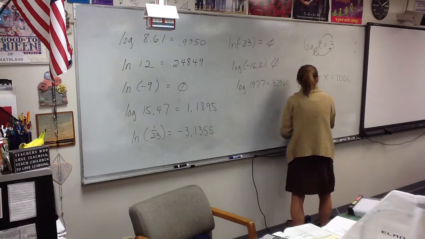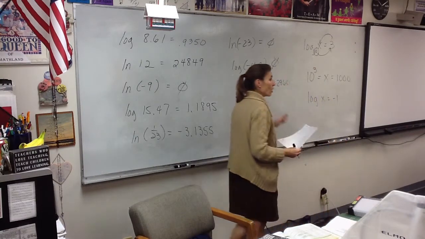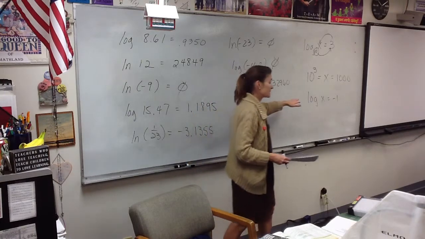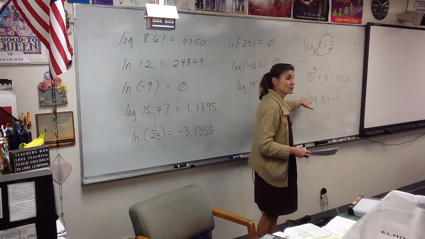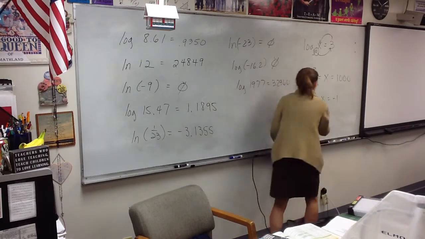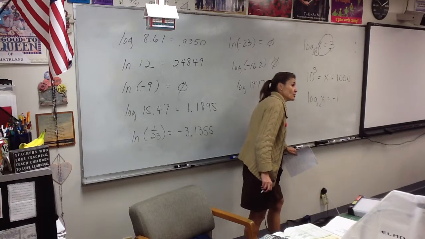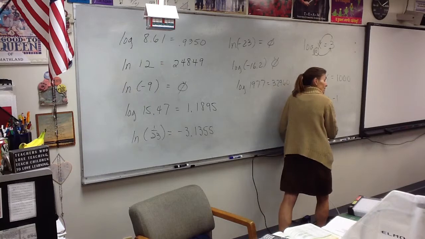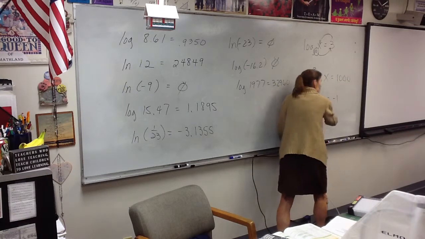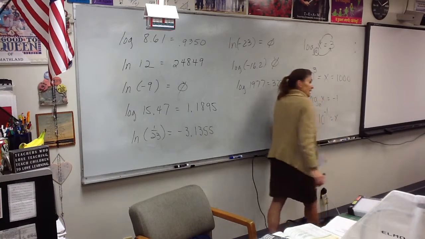Now look at B. Now this is all we have to do the rest of the period, so we're going to take our time. This is the second question. You're going to solve this. You're going to tell me what x equals. 10 to the negative 1. So first you're going to put your 10 in there because that's the base, and then you're going to translate it. Thomas, look up here. We translate it by saying 10 to the negative first equals x.